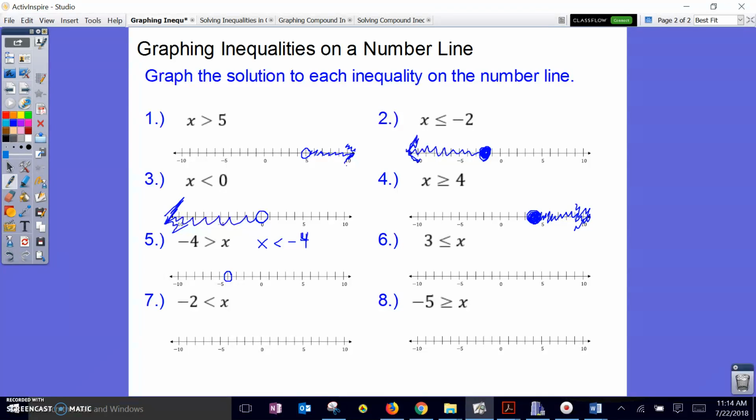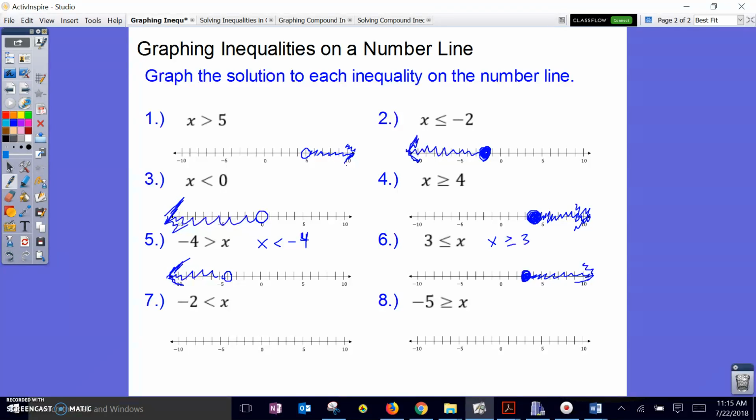And so this is the same as x is less than -4, and so we want the numbers that are less than -4, so the numbers over to the left, and I shade that right there. 3 is less than or equal to x. It's the same as x is greater than or equal to 3. Solid circle at 3, since there's an equal sign, and we want the numbers that are bigger, so we shade up to the right.